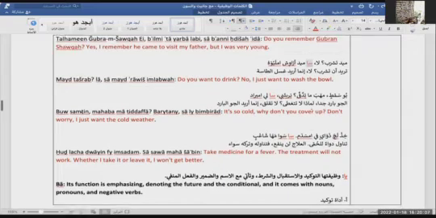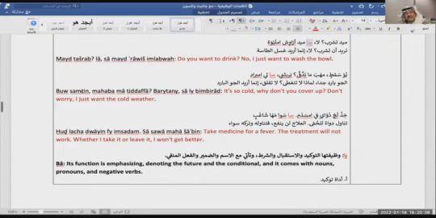Again here, for example, someone will say, there's a cold. He will reply, "بريتني سليب براد". This is the meaning: it's so cold.